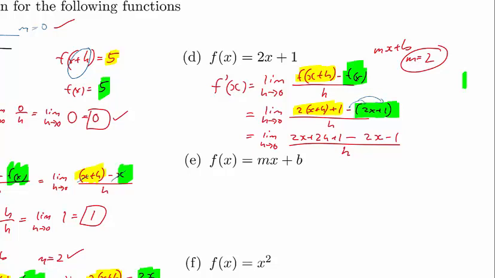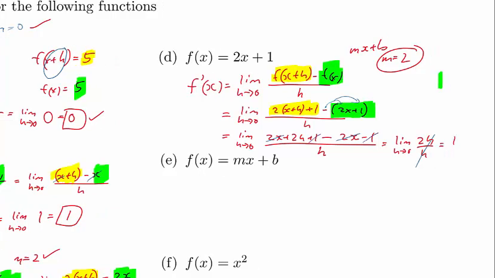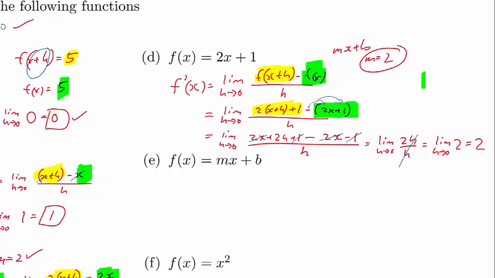All right, we've got 2x minus 2x, and note we also have a positive 1 minus 1. So everything got wiped out. All we're left with is the limit as h approaches 0 of 2h divided by h. We note the h is canceled. And so we're left with the limit as h approaches 0 of 2, which, as we've already discussed, is 2. Exactly what we would expect.